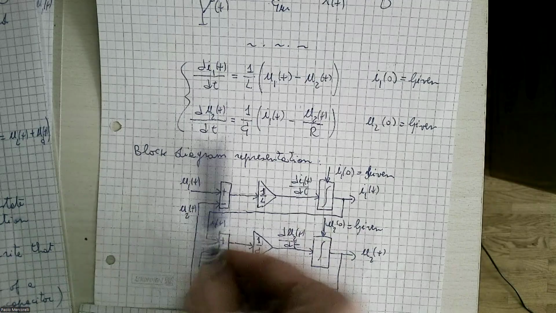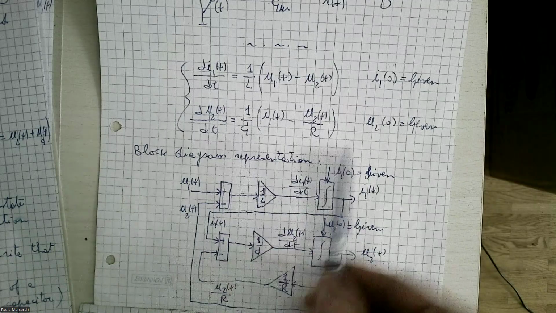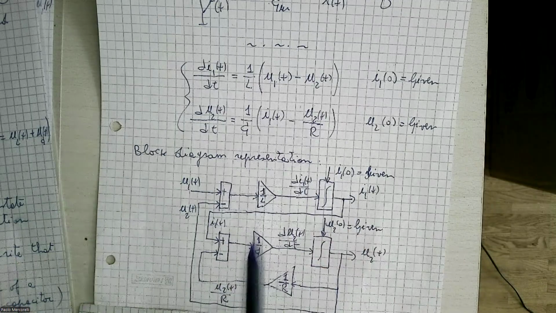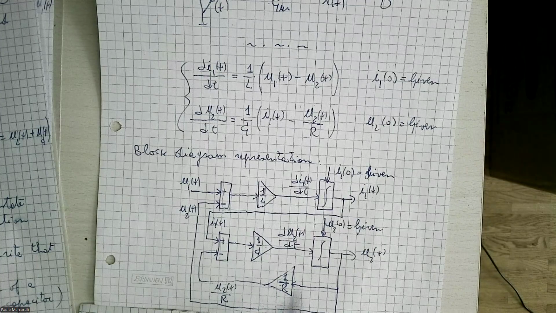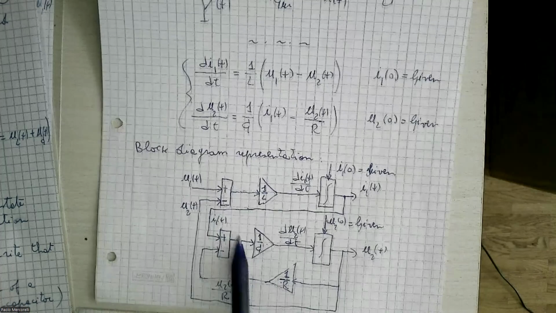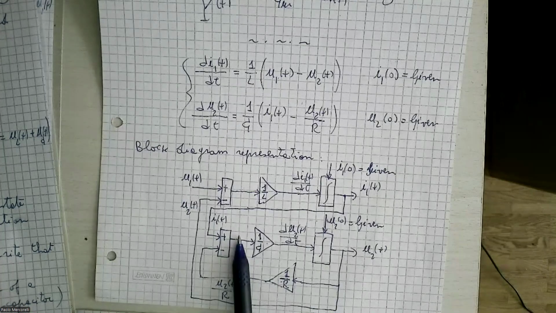U2 derivative is 1 divided C multiplied by this signal, the difference between I1 and U2 divided R. This means the block 1 divided C before the derivative is clear, no? Because the integral of the derivative plus the initial condition is U2. This element here represents I1 minus U2 divided R.